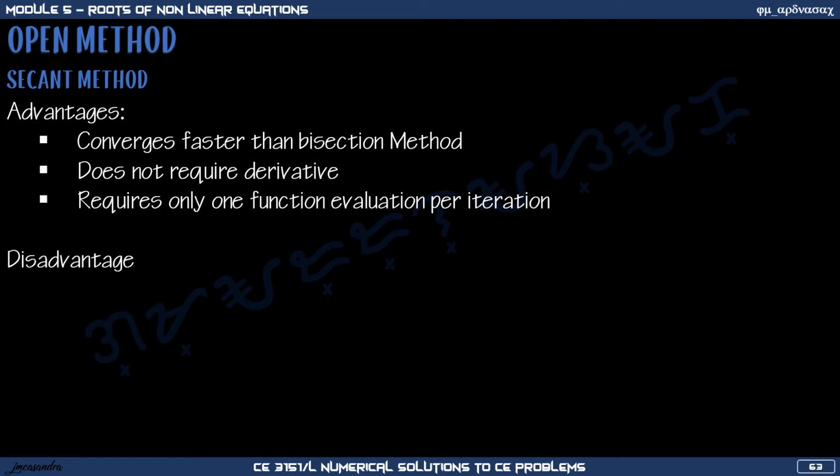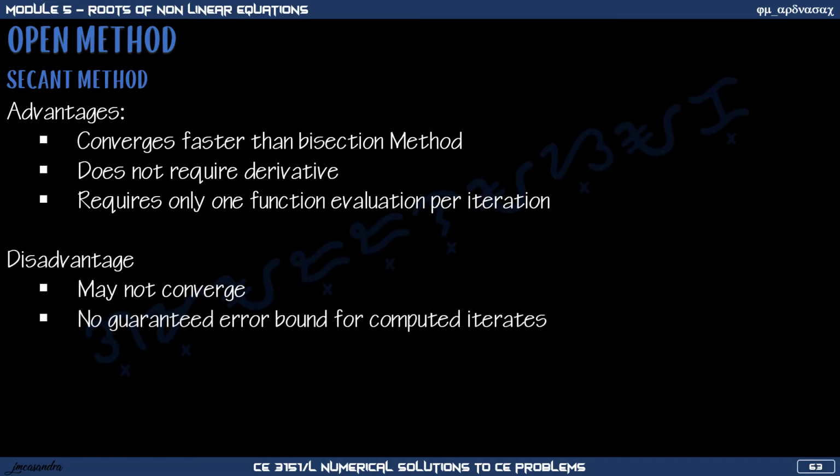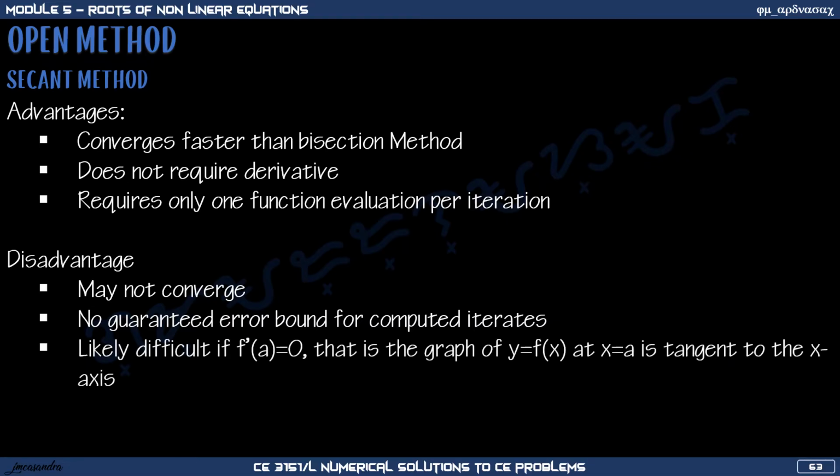If there are advantages, there are also disadvantages. For the secant method, there's a probability that our iterations will not converge throughout the process, and there's no guaranteed error bound for computed iterations. It would also be difficult if f prime at x equal to a is 0, where the graph of y, the function of x, at x equal to a will be tangent to the x-axis.